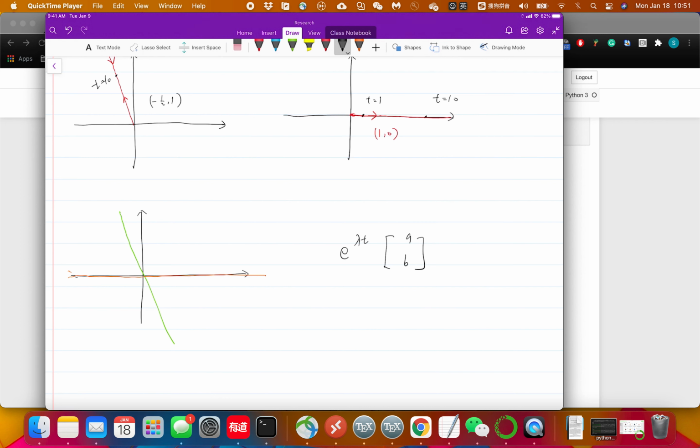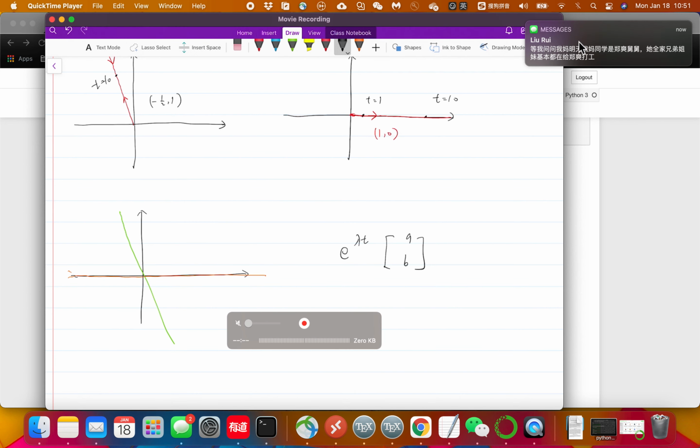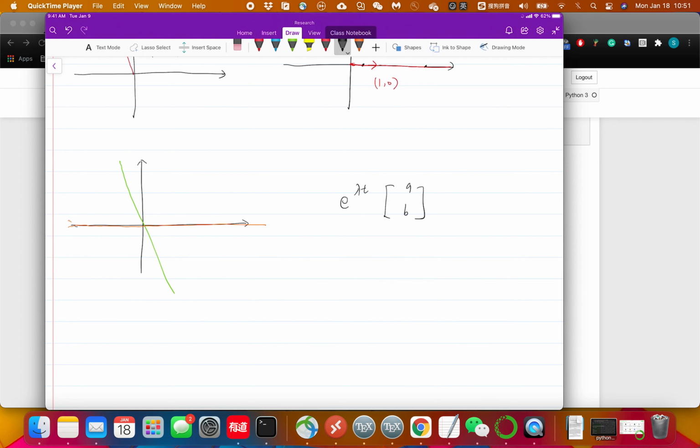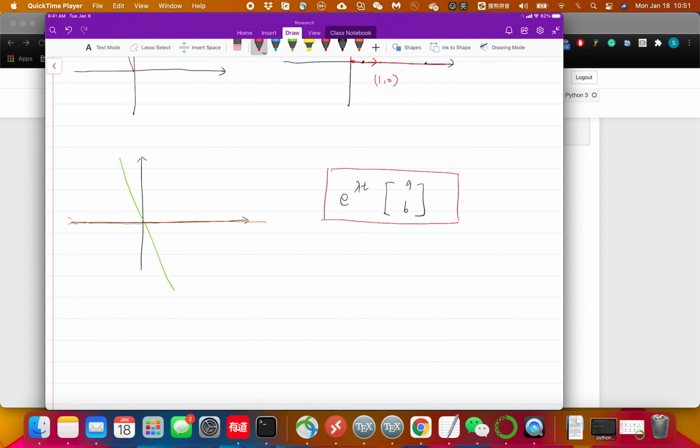But what this one does is it will change the size of the vector, but it keeps the direction the same. Okay, so that's what we observe. So that's why we do have a straight line solution, because the solution can be written this way. Therefore, your t will only make your point move along this straight line, but it will never change the direction of the straight line.